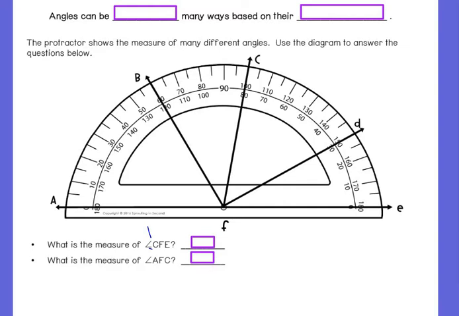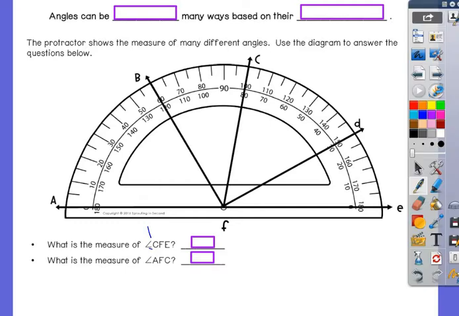Okay, so I have angle CFE that I need to look for. The middle letter is always important because that's the corner, where your angle is taking the turn. So if I go to the corner of a wall over here, this is obviously 90 degrees. Contractors use angles a lot.